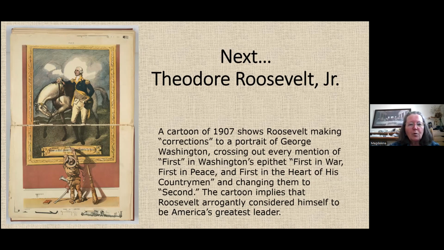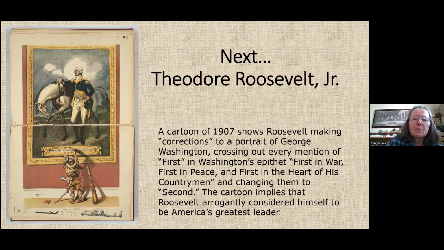And the cartoonist thought it would be more applicable to write second. So second in war, second in peace, and second in the heart of his countrymen, because Roosevelt arrogantly considered himself to be America's greatest leader. So this is pretty funny, I thought.